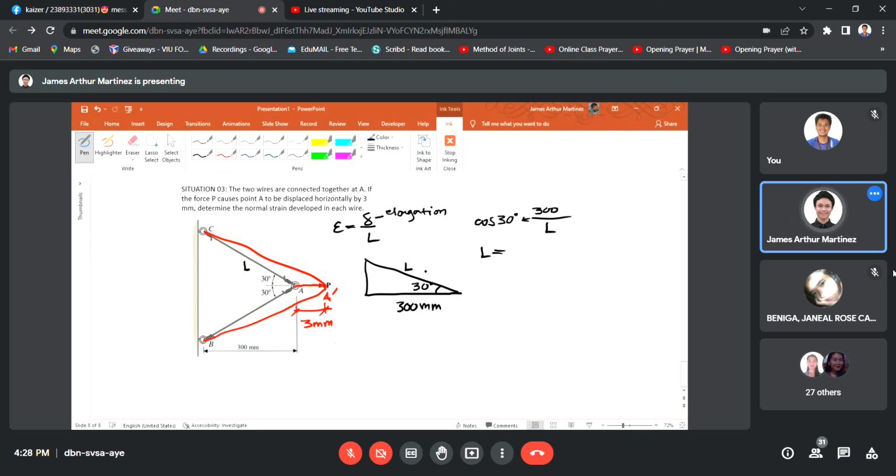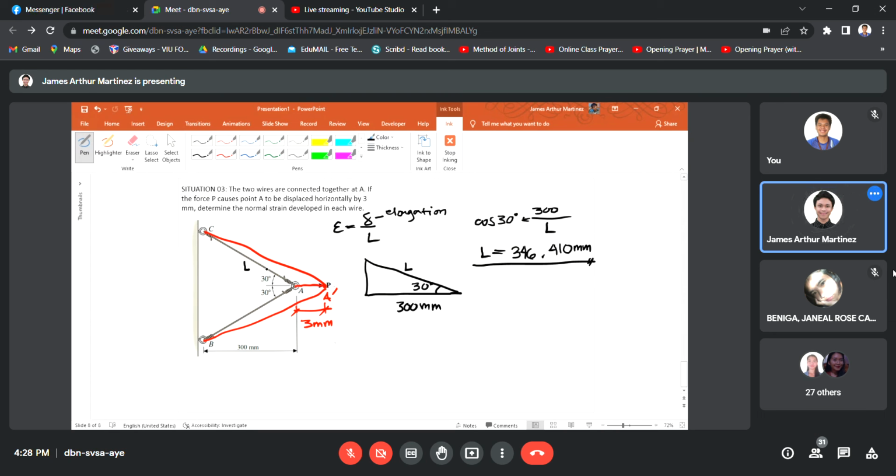And that is 346.410 millimeters. Now, let us determine the elongation of your wire. How do we do that? By using this triangle.